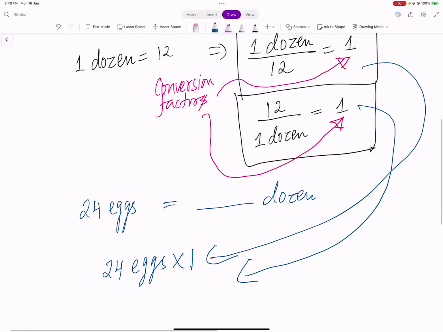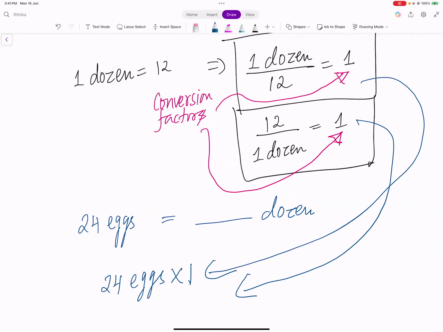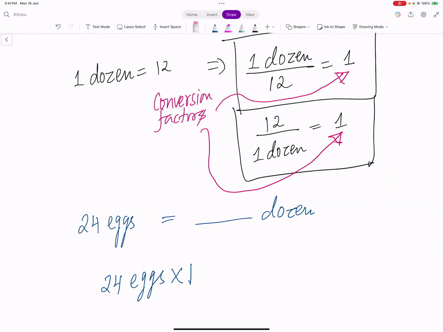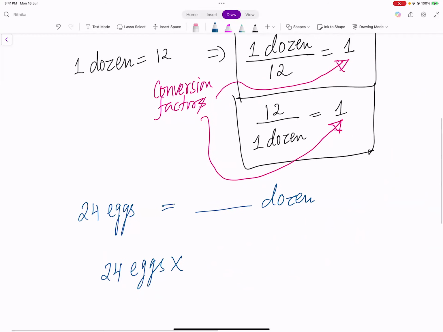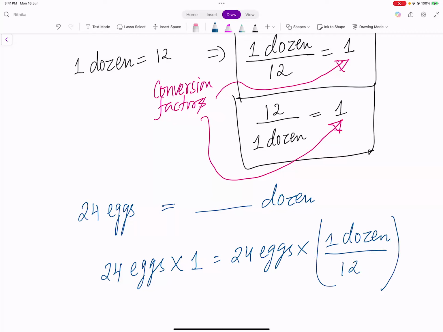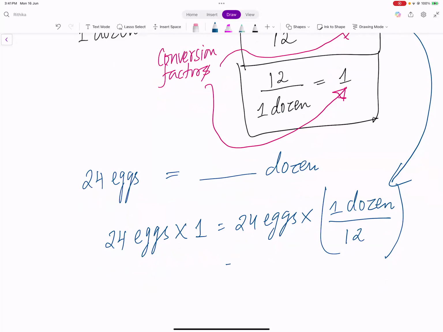But I want dozen in the numerator, since I am converting into dozen. So I will multiply by the top one, eggs into 1, using this fancy one. So that is how I get 2 dozen eggs.